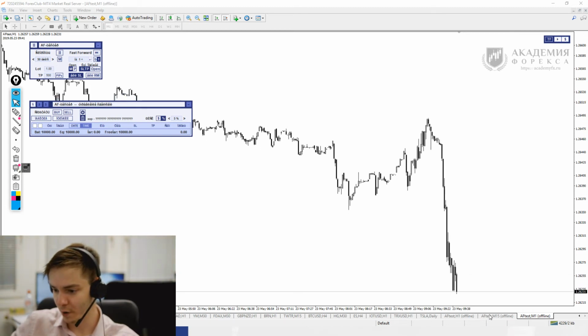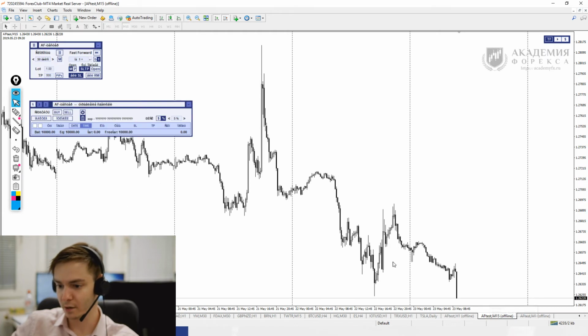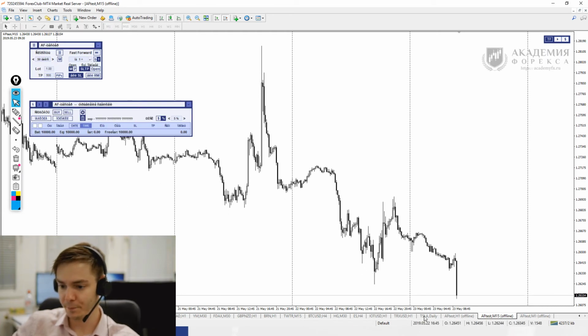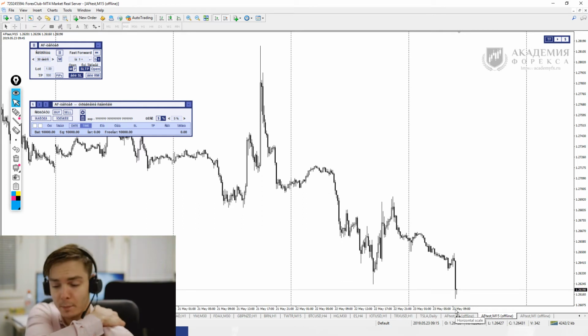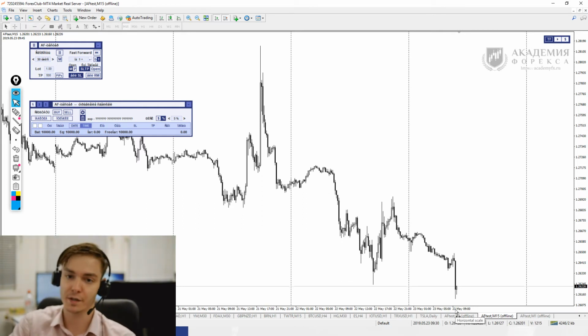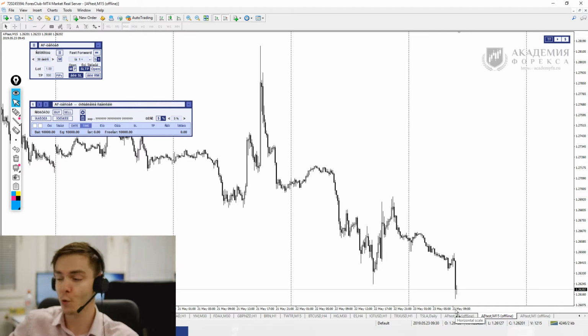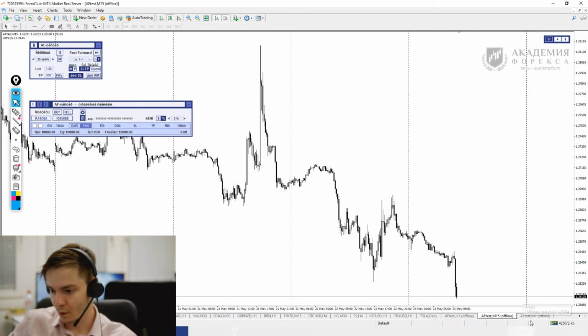I'll just cross-check what is happening in M15. Still, the market is going down, but this weekly support is not just a line, it is a zone. Okay, still going down.